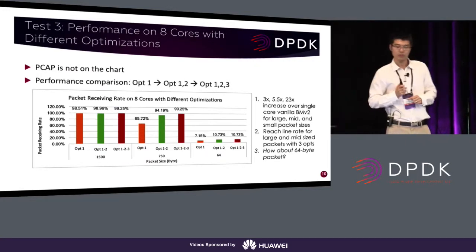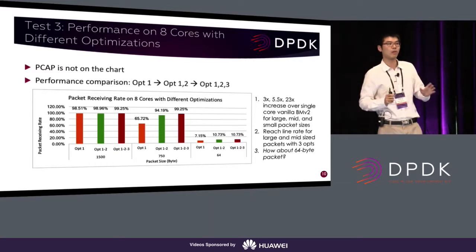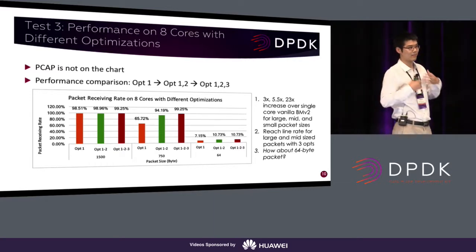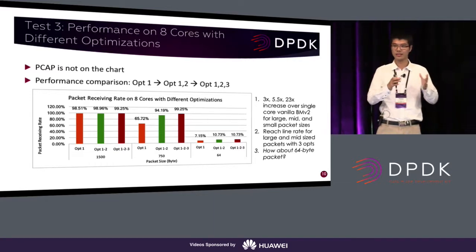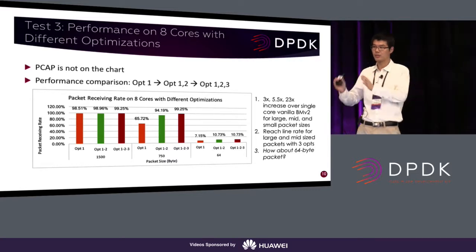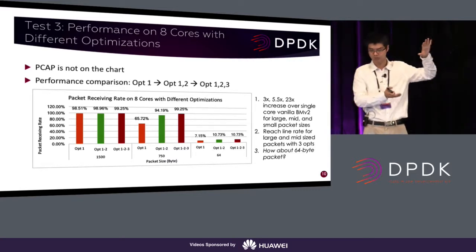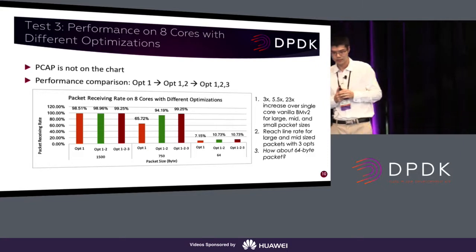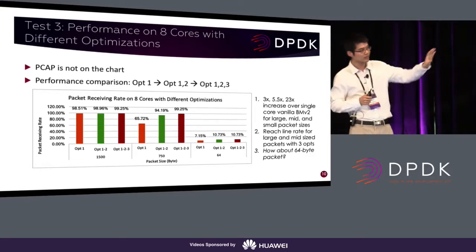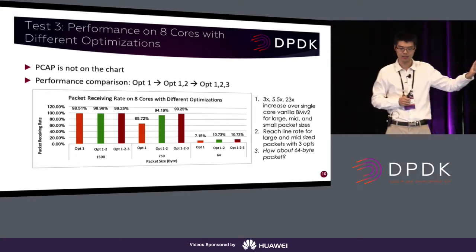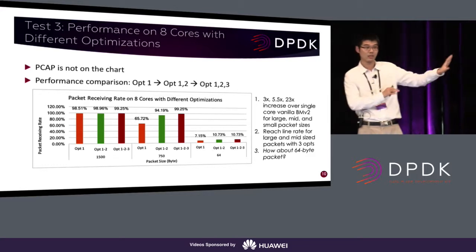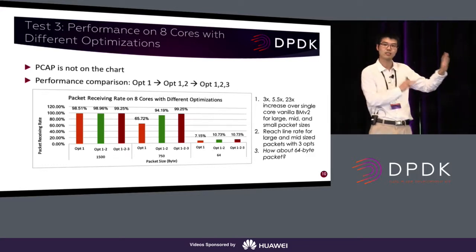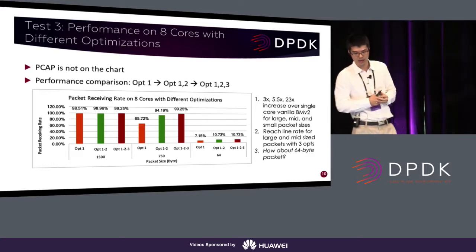Now, it's more interesting to see the performance on multiple cores, since the major advantage of using RSS and multi-queue is running parallel execution. You may notice that PCAP is not on this chart because obviously it doesn't support multi-core.